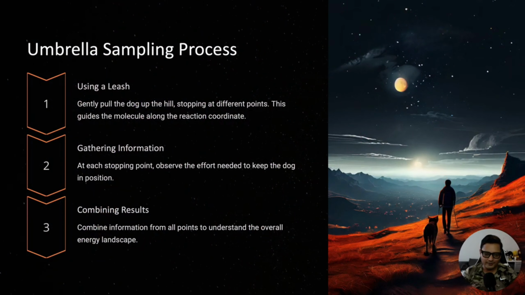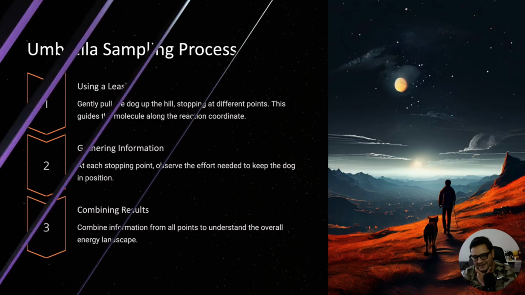As I said, you gather all the information at different intervals where you stop and observe the effort needed to keep the molecule or the dog in that particular position. And finally, you combine all the information from all the points to understand the overall energy landscape.